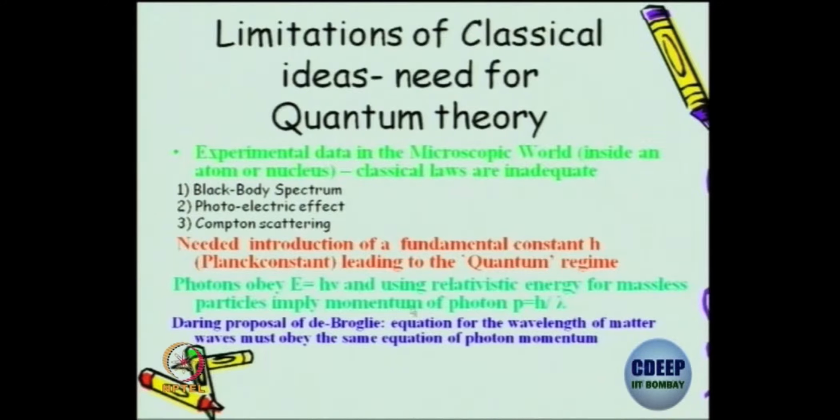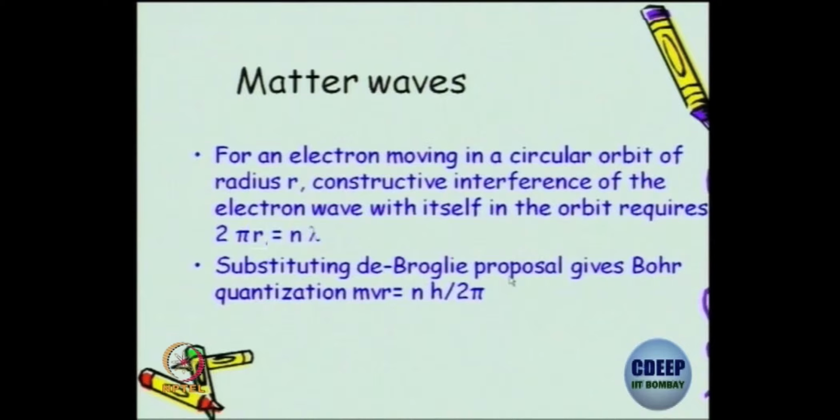The wavelength of matter waves must obey the same equation as photon momentum. Okay. So, once you start looking at matter waves, you can look at them moving on an orbit, a circular orbit with constructive interference, and the constructive interference will give you a condition for a wave that the circumference be equal to an integral multiple of lambda.